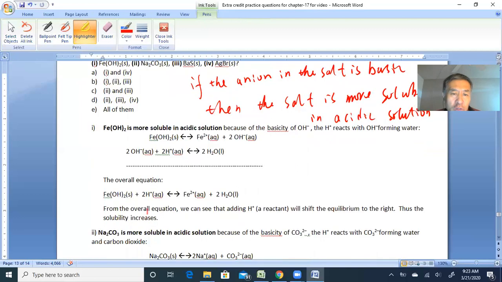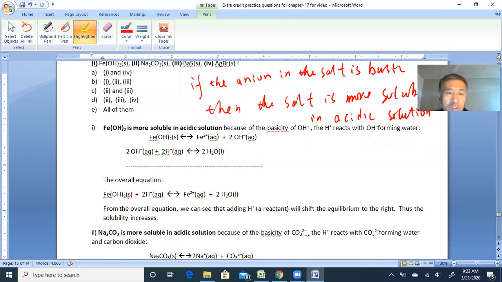In the overall equation, H+ is a reactant. So therefore, using Le Chatelier's principle, when you add aqueous reactant, you shift this equilibrium from left to right.